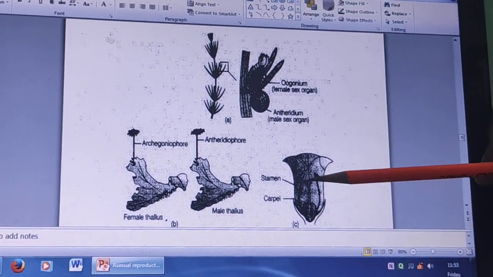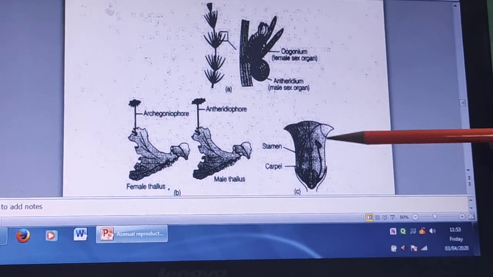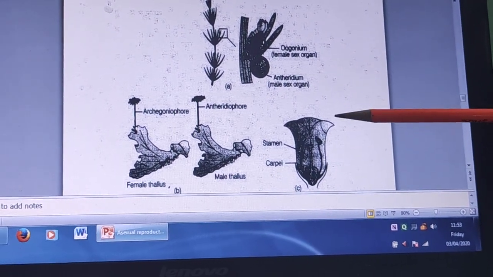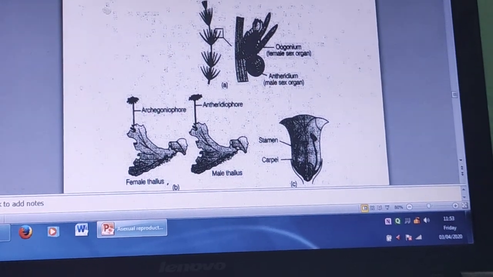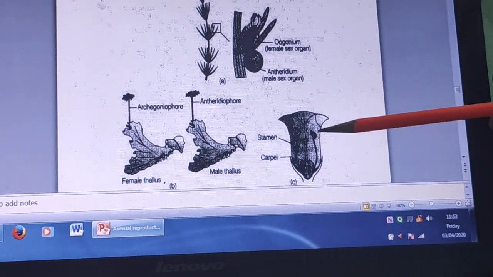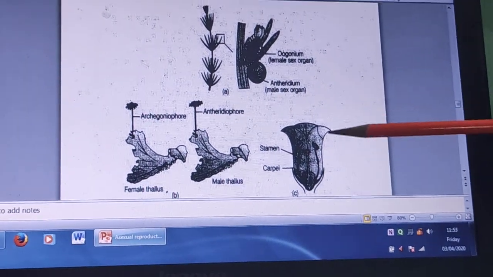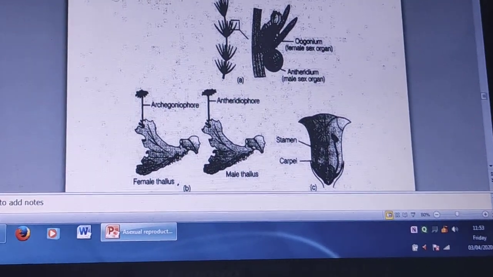Because both the stigma and anther are present very close to each other. So whenever the anther gets matured and bursts, the pollen grains fall on the stigma, right? So this is a very easy and simple process. There may not be any agent required for the transfer, right?